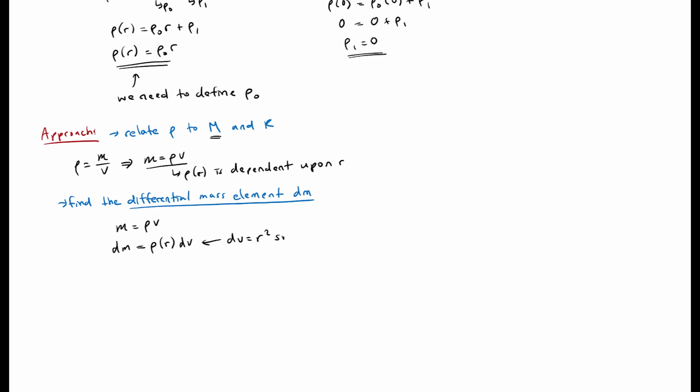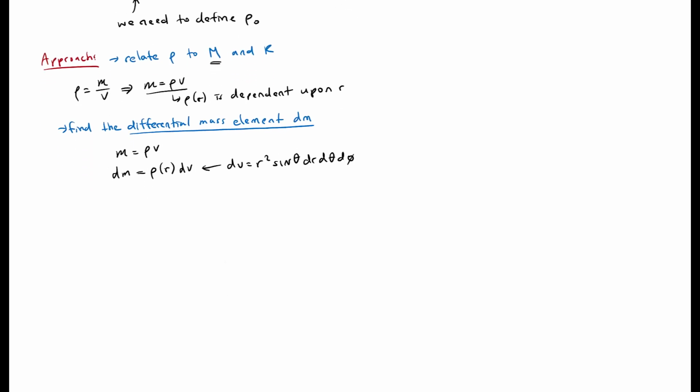It is, for a sphere, r squared sine theta dr d theta d phi. So that means I can write my differential mass element as rho of r times r squared sine theta dr d theta d phi. We also know that rho of r is equal to rho naught times r. So we can simplify this even more. Like that.